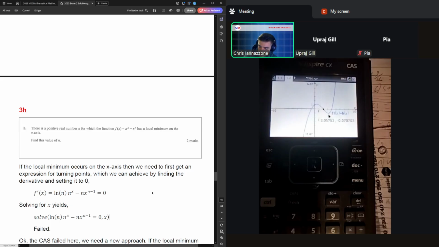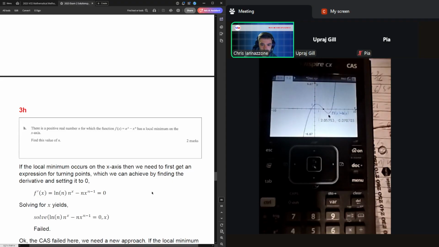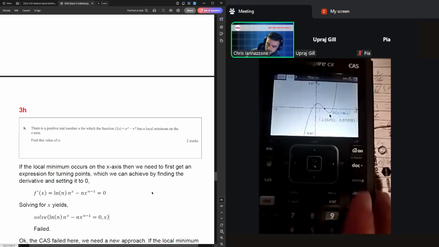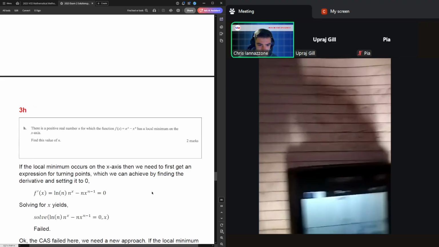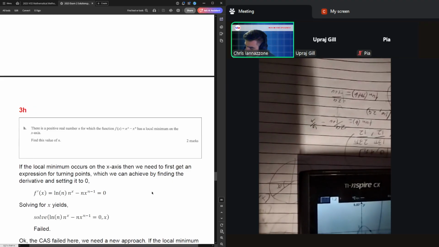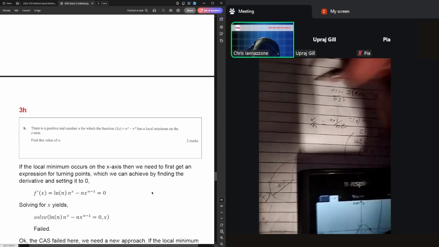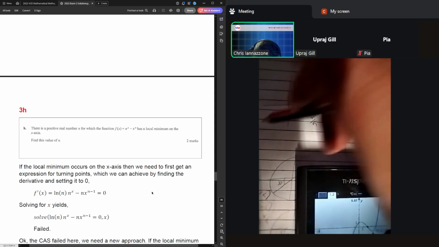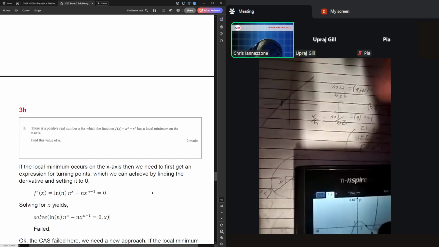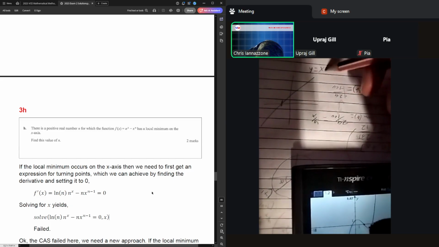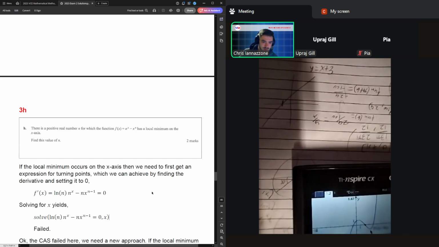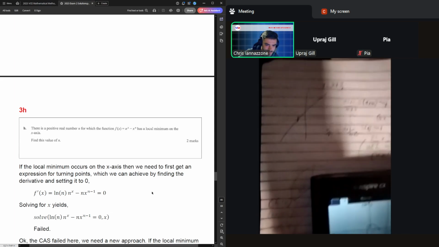Just any function. If I create just some basic linear, y equals x plus 3, and I tell you to find the x-intercept of it, how do you get the x-intercept?